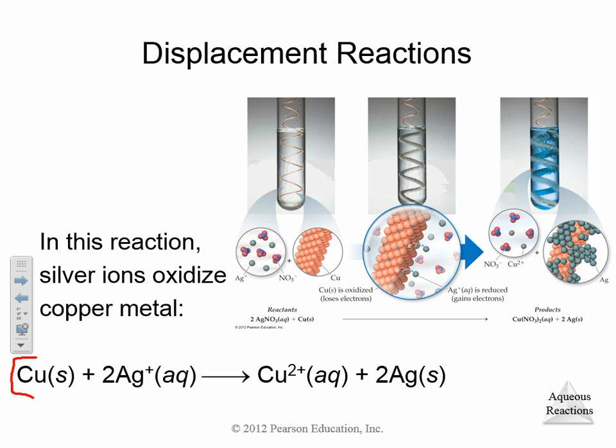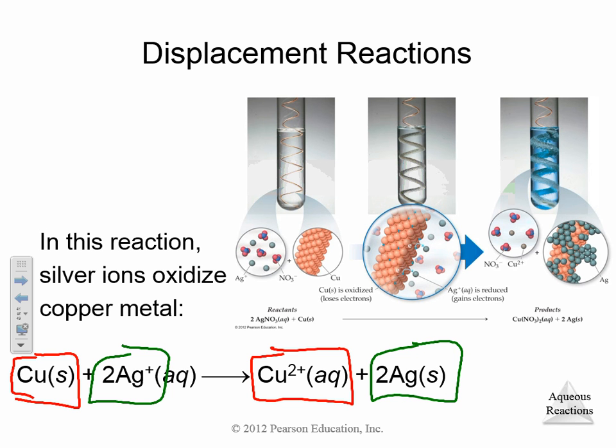And what you can see here is copper starts off with a charge of 0, ends up with a charge of +2. Silver started with a charge of +1 and ends with a neutral charge. So you can see that in this case, silver is reduced because it's losing electrons, and copper is oxidized because it's gaining electrons.